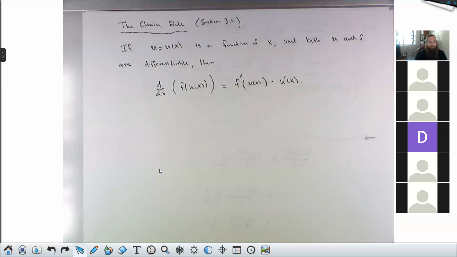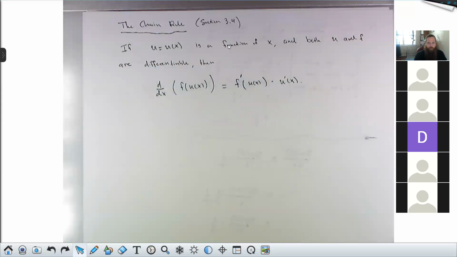This is the way I usually write the chain rule. If you don't like the d/dx out here, you can put a big prime here, right? That would say the same thing. So this is the nicest characterization that I'm aware of. There are other ways of writing this, and we can look at those a little later.